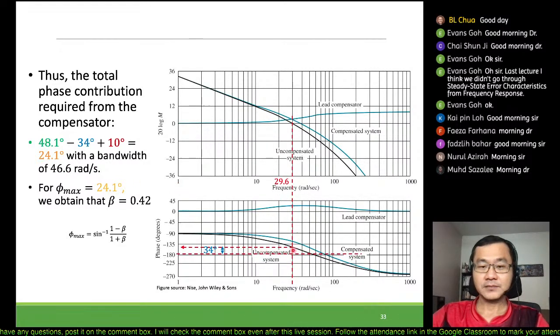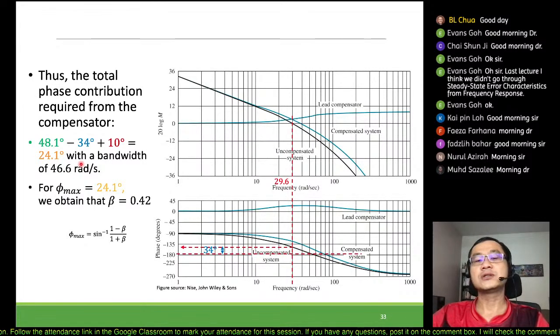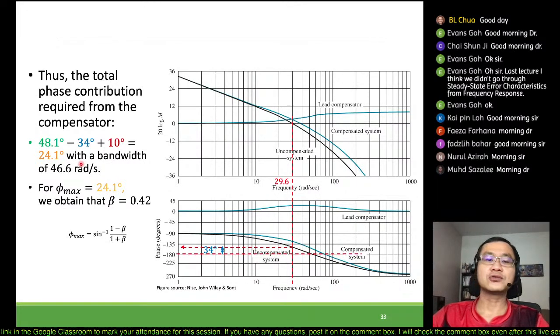Now again, from the same line, you obtain this 24.1, and we want to use the equations to obtain all the important information. We set the maximum phase equal to 24.1, and using the equations presented earlier, you would be able to estimate beta equals 0.42.